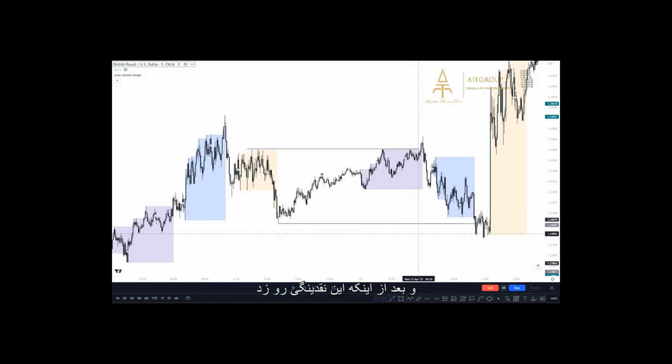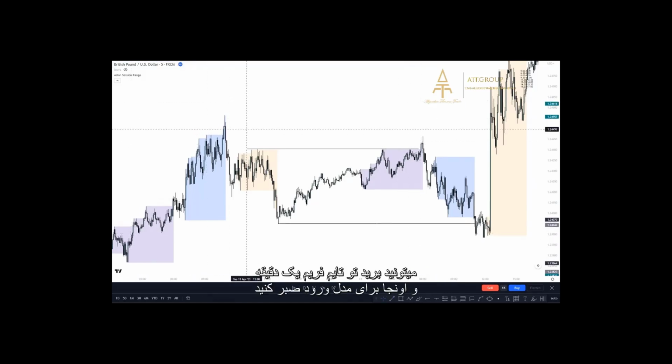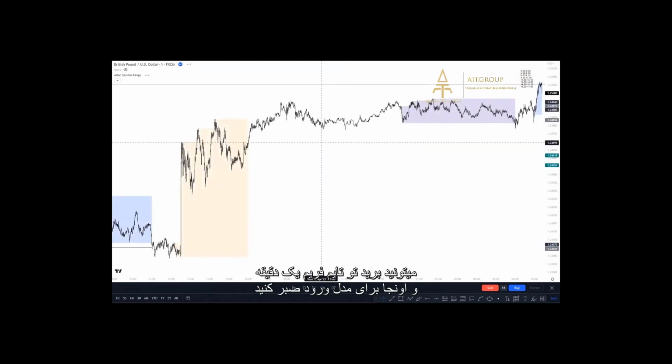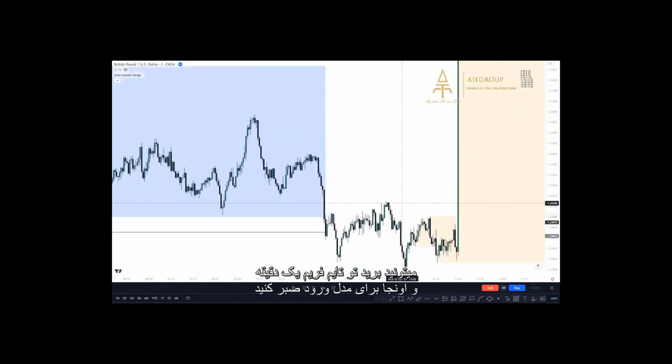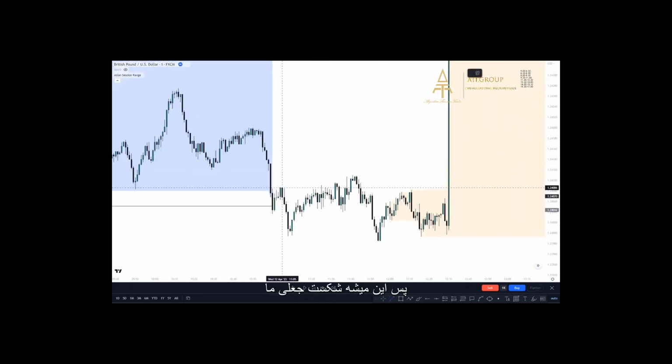And after this liquidity is taken, you can switch to 1 minute and wait for our entry model. So this will be our fake BOS, inducement. We got the area of fill-in right here.